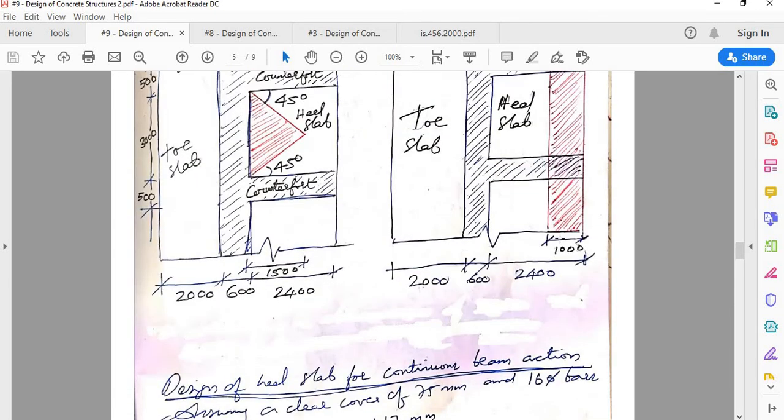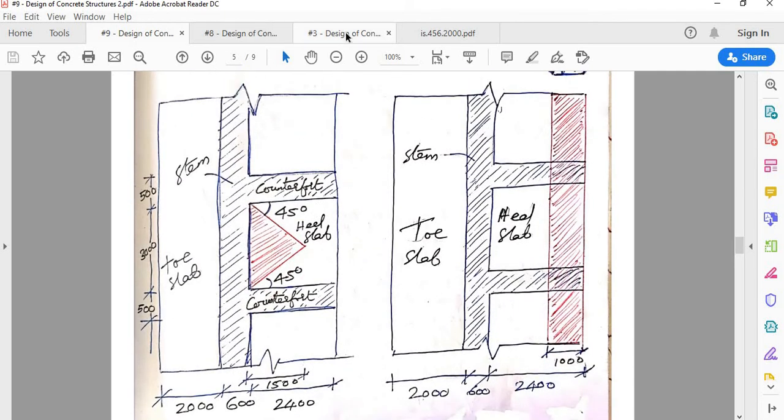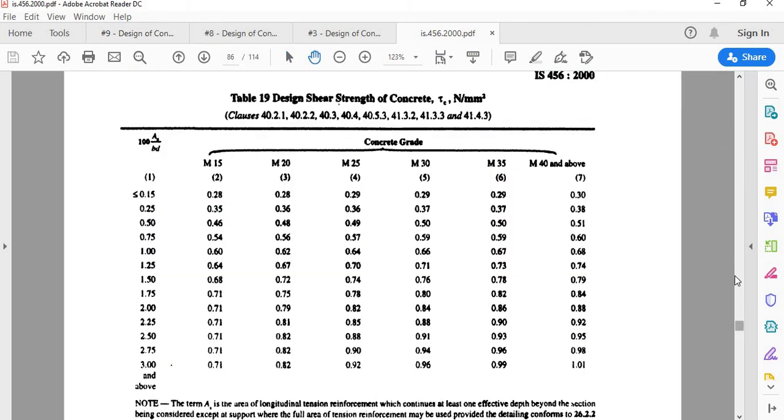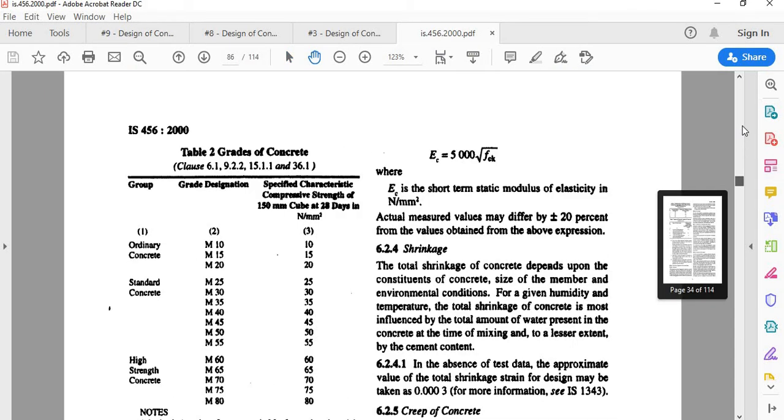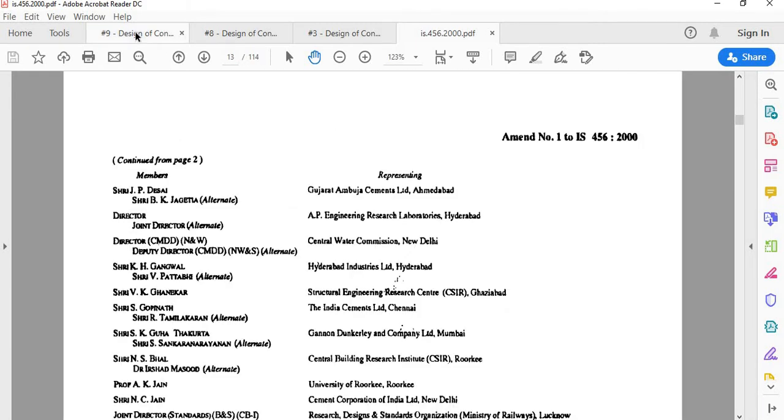For continuous beams, we can safely assume that if the spans are the same and symmetric, the maximum negative bending moment is WL square by 12 and the maximum positive bending moment is WL square by 16. A rough estimate of that you will also get from IS 456. Remember the assignment which I had asked you to solve as part of assignment number 2; there you can get that.